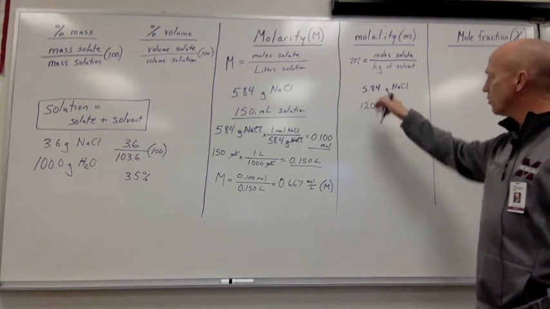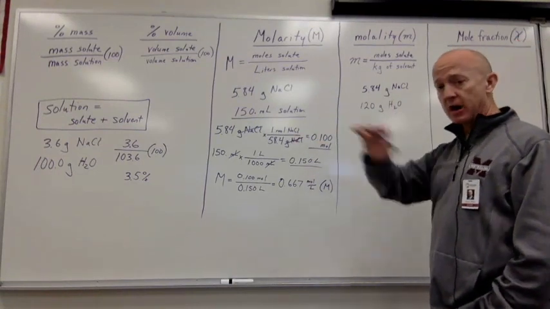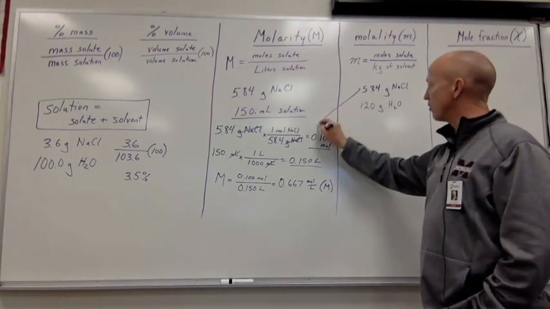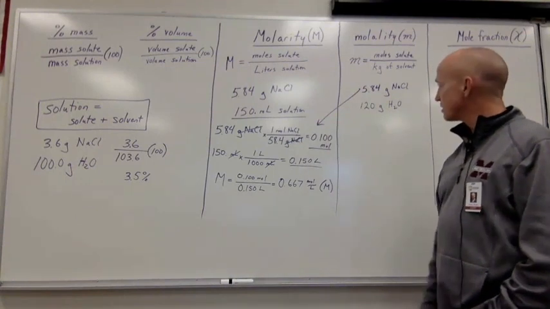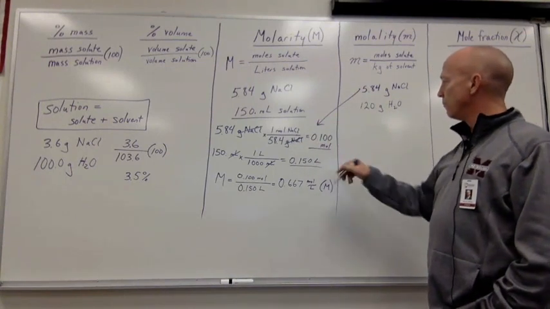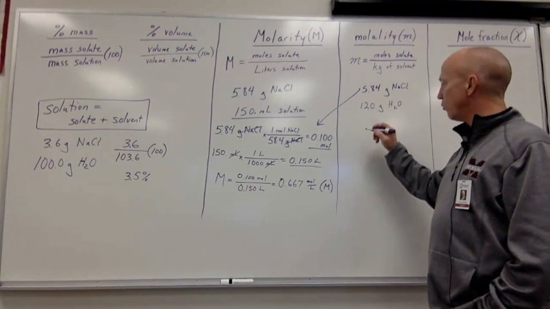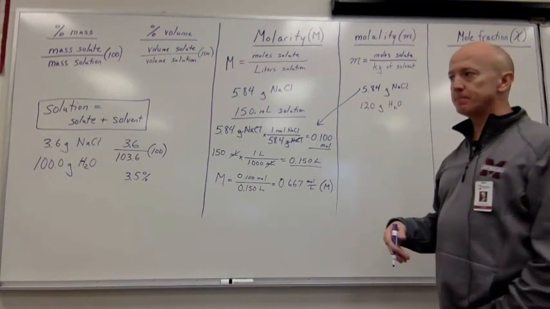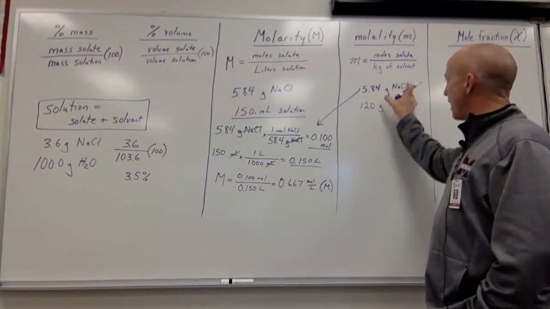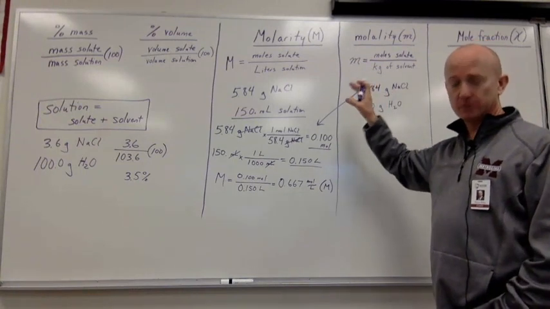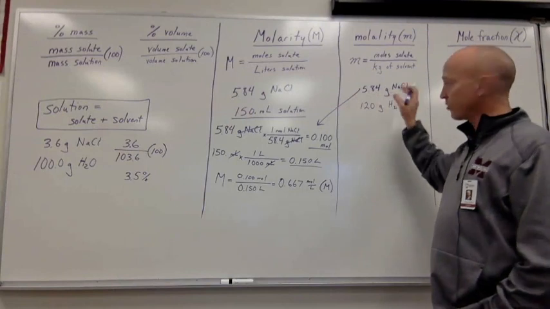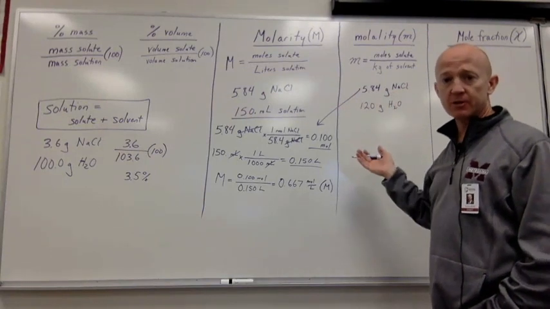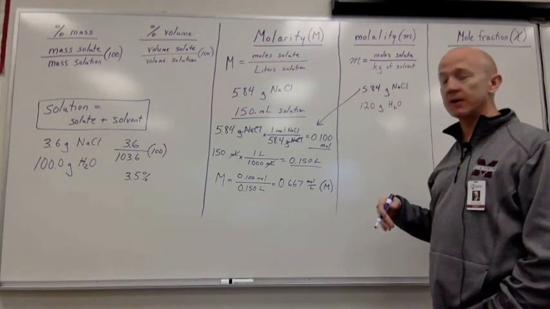So we did this before. If you don't mind, I'm going to refer you back to here. We already know that we have 0.1 moles of NaCl. The point here is if you have a mass, you're in Gramsburg. If you're in Gramsburg, to go back to Molopolis, you have to divide by the molar mass.